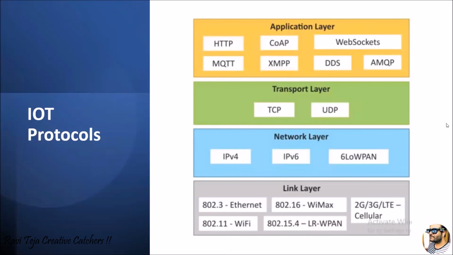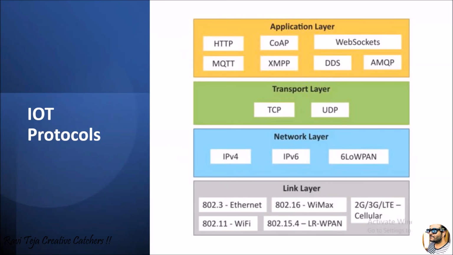In the link layer we also have the cellular protocols, second generation, third generation, LTE, the cellular layer through which we can use data. The mobile phones or smartphones where we use data, 2G, 3G, 4G, also fall under the link layer, using a SIM card, a subscriber identity module.